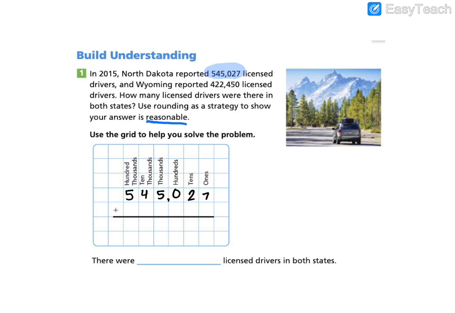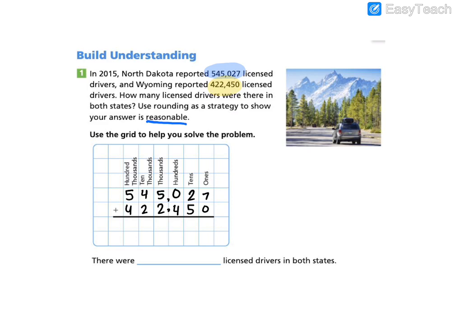And then we need to put Wyoming's number in as well, so 422,450 drivers. So now we can use the grid to help us solve the problem. When we are completing an addition equation, we are starting from the smallest place value, the place value furthest to the right. So we'll start with our ones place.